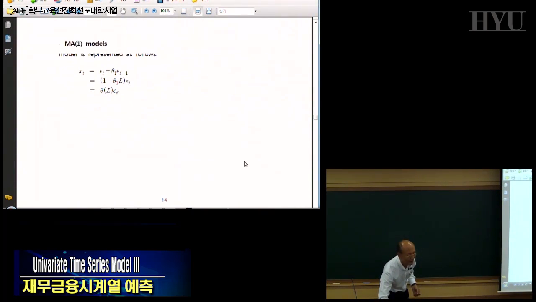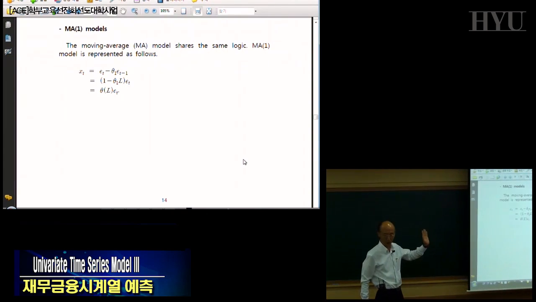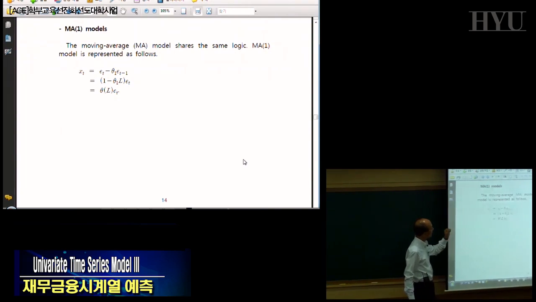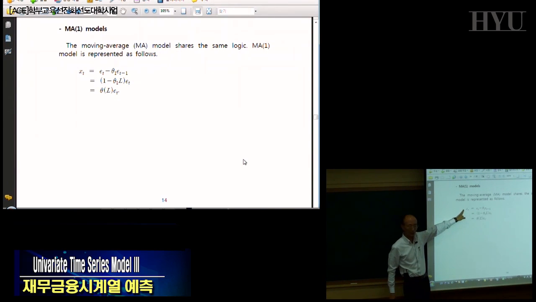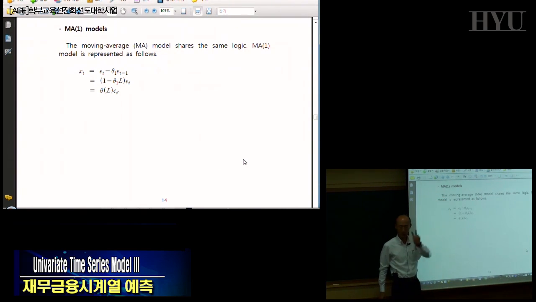Okay. So if you look at the simplest moving average model, which is the first order moving average process, it can be represented in this way. But as you can see, in a previous example, two period return, this could be r_t, this could be r_t minus 1, and theta 1 is minus 1. Right? Minus 1. That makes two period return, right?